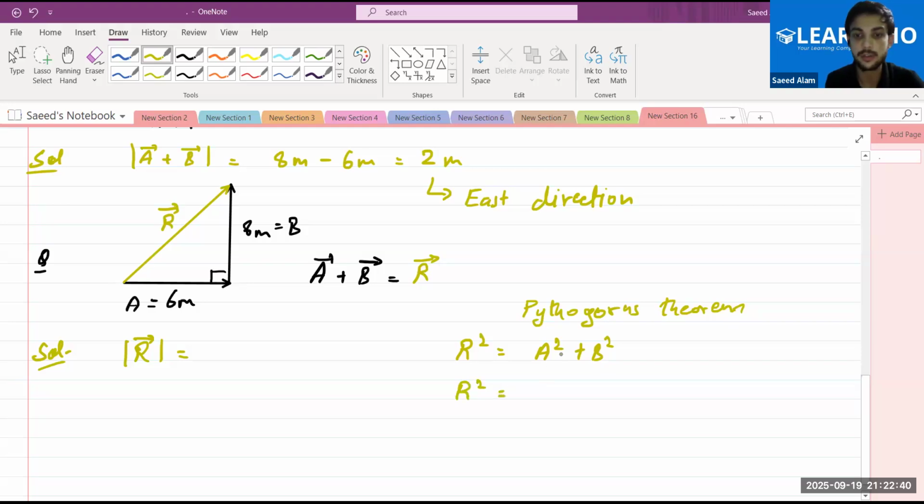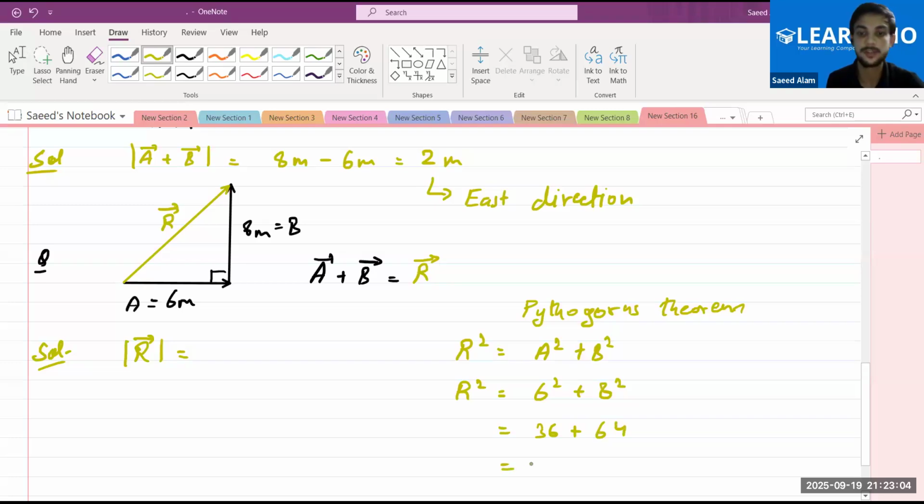And r square will be equal to what will be the a square? 6 square. What is 6 square equal to? 36. And what will be the 8 square equal to? 64.